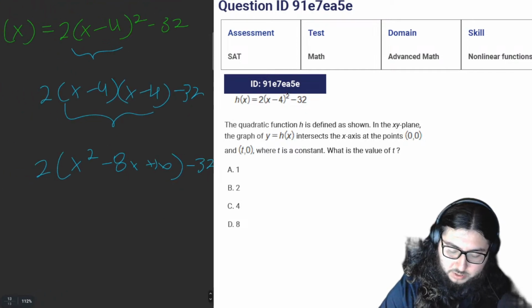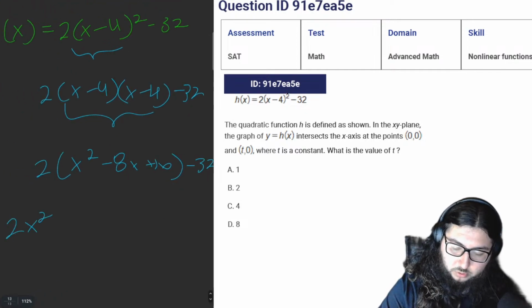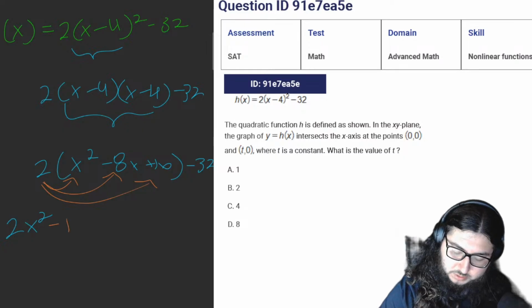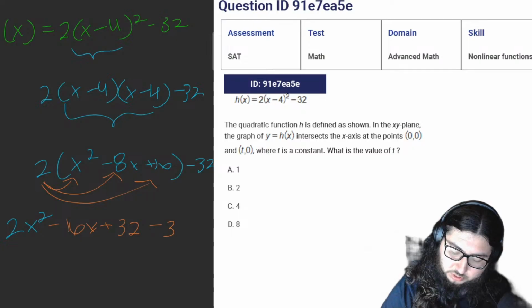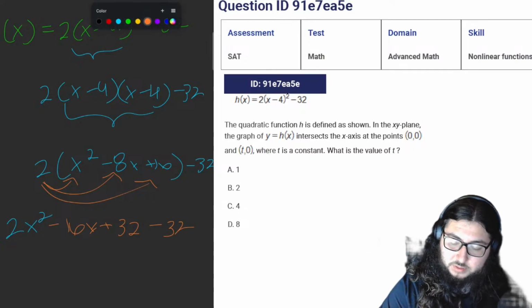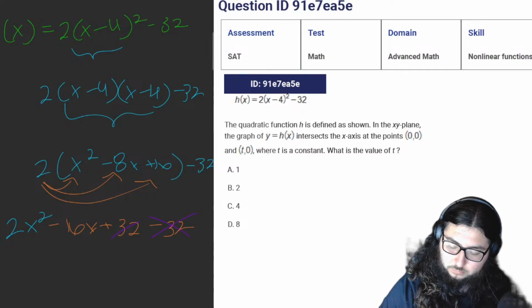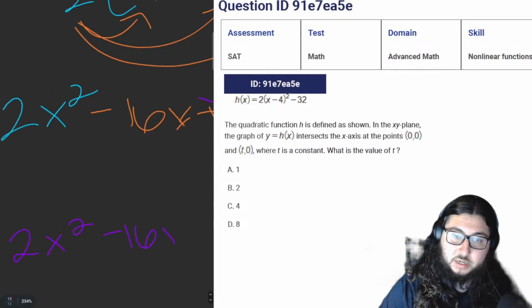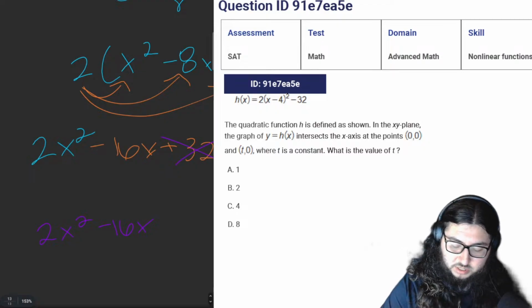So then we'll have, if we distribute the 2, 2x squared minus 16x plus 32 minus 32. So then these 32s cancel out, and we're just left with 2x squared minus 16x. And this is h of x.